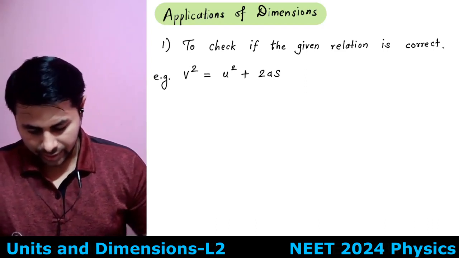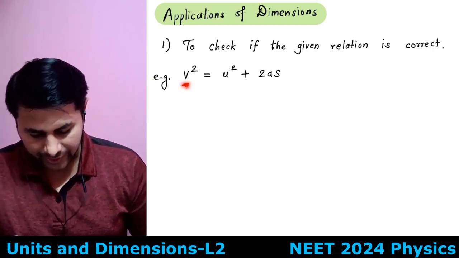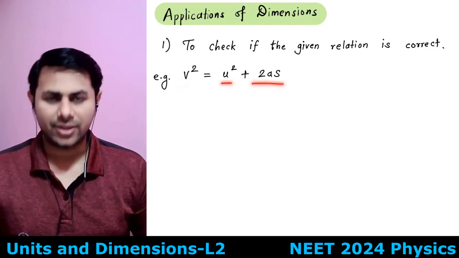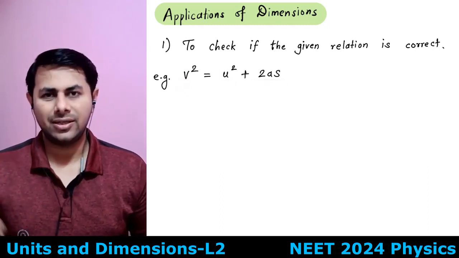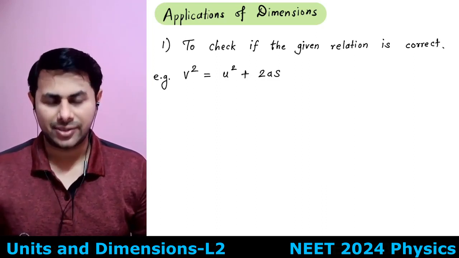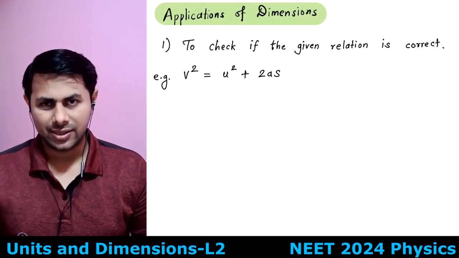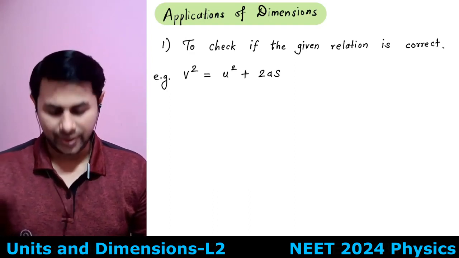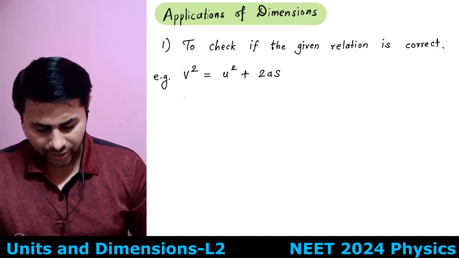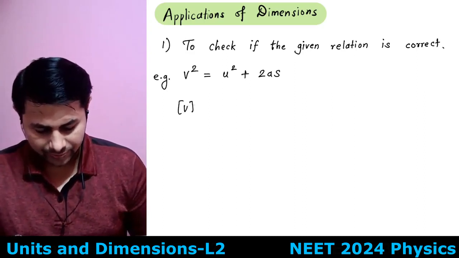We'll find the dimensions on the left hand side of the equation and the dimensions on the right hand side, and if the dimensions of all the terms match, then the equation is correct, otherwise it is wrong. So let's find the dimensions. What are the dimensions of v square?